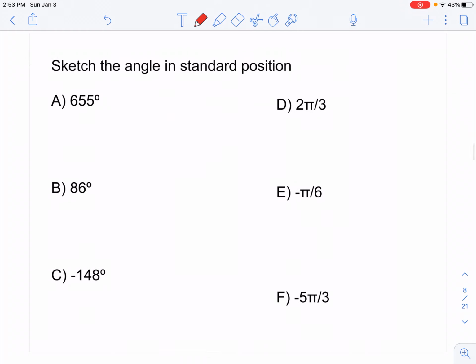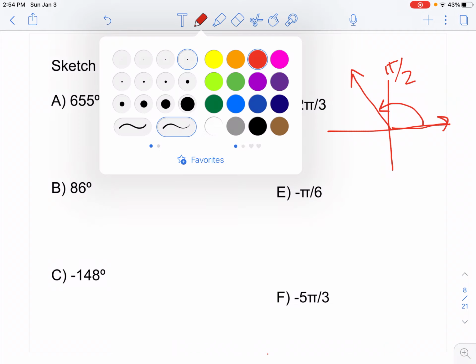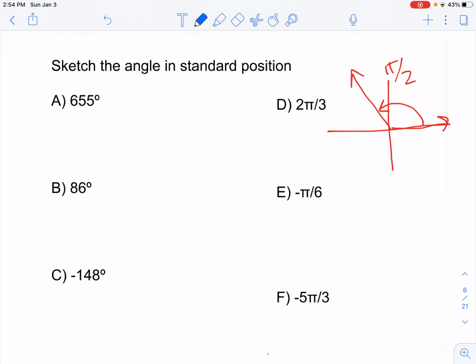So for these, you're going to practice sketching the angle in standard position. And I'm just going to do the ones in radians. So to sketch this, 2 pi over 3 is bigger than pi over 2. And so I'm going to sketch it with the terminal side. You want to show the angle of rotation to show that it's positive and that it's rotating clockwise or counterclockwise.